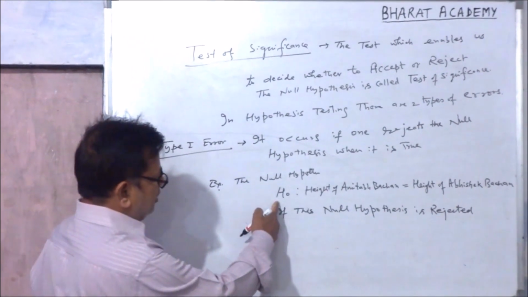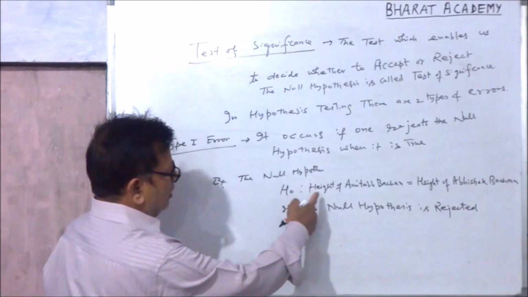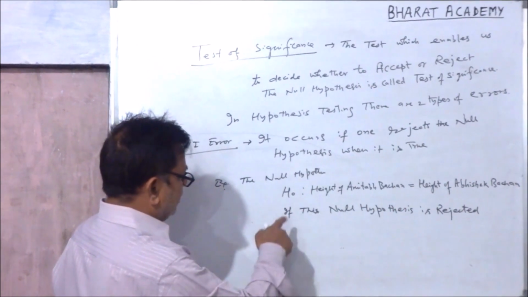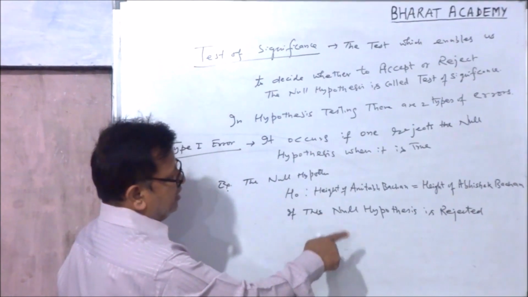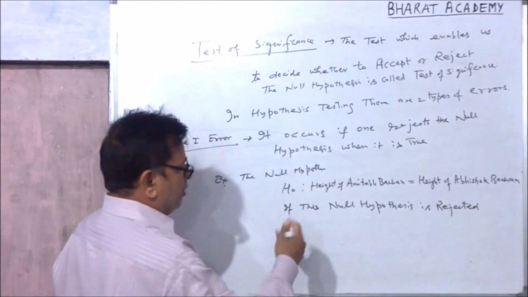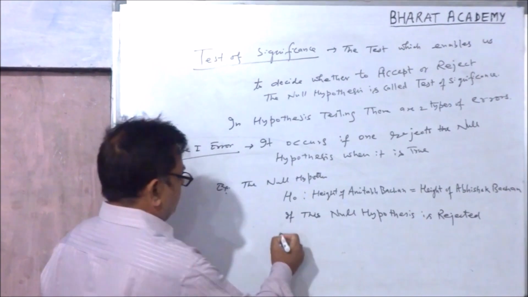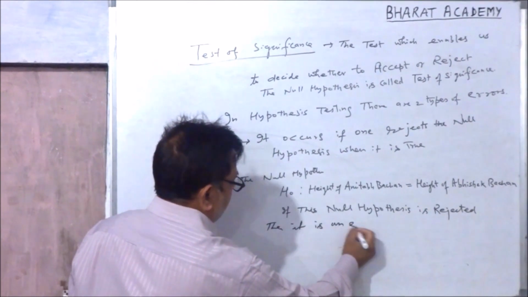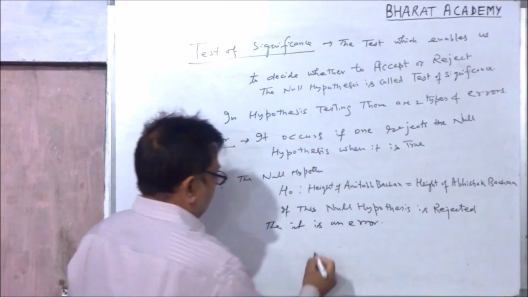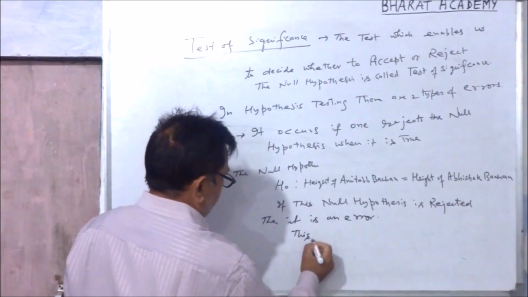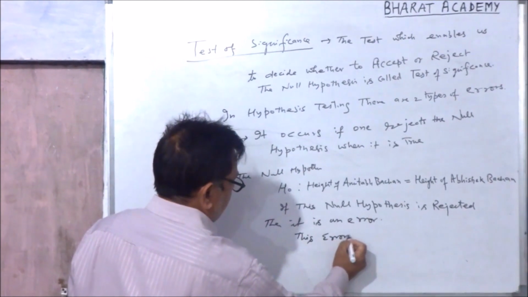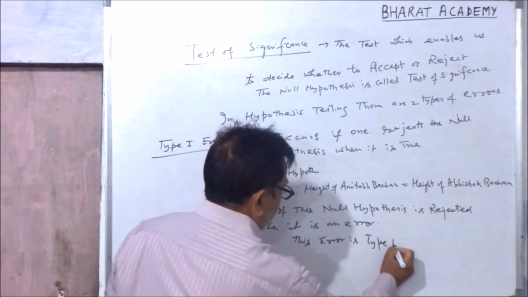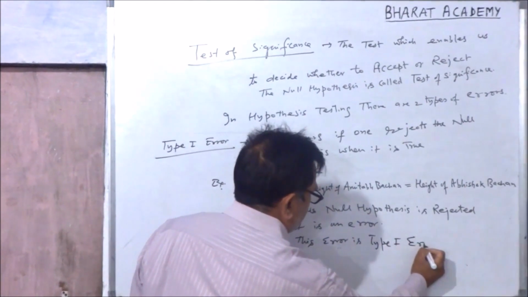If the null hypothesis is H naught: height of Amitabh Bachchan equal to height of Abhishek Bachchan, and this null hypothesis is rejected, then it is an error, and this error is type 1 error.